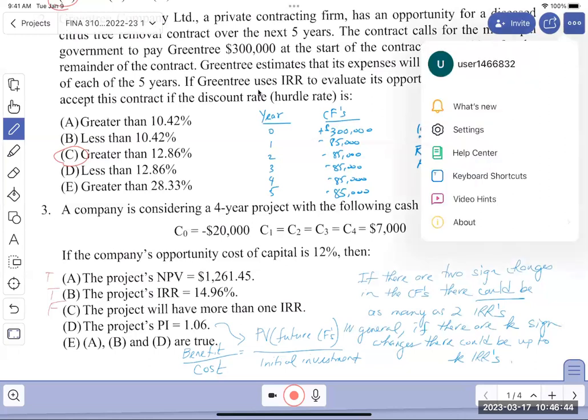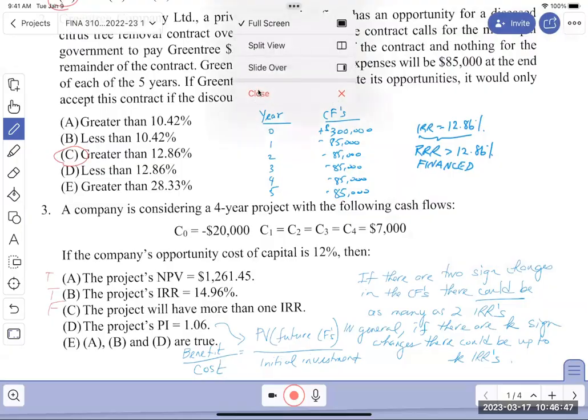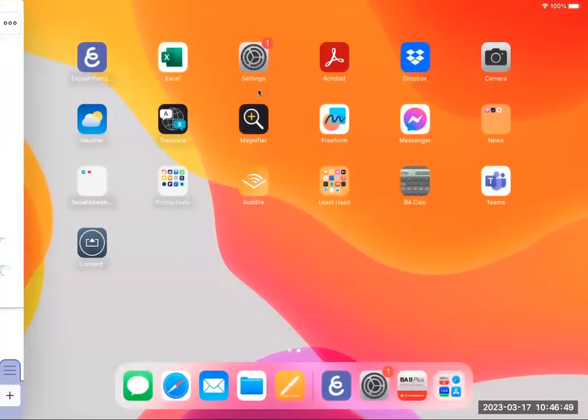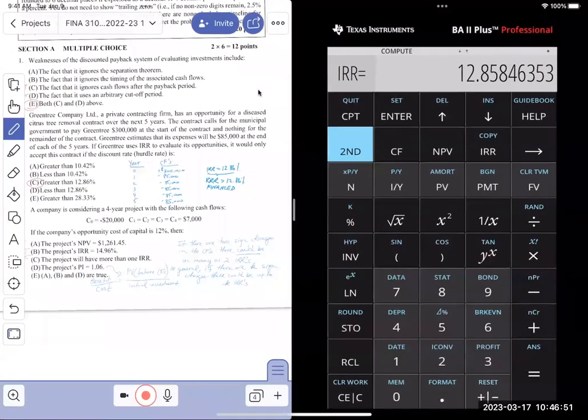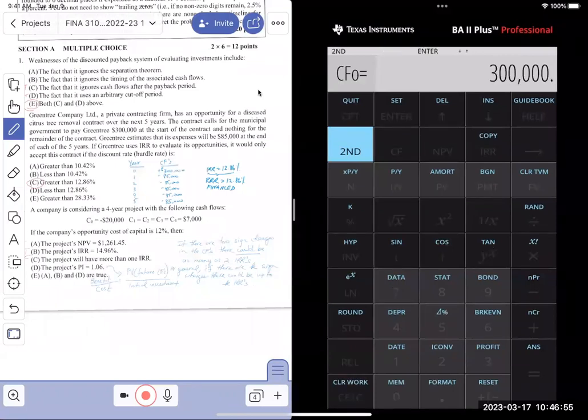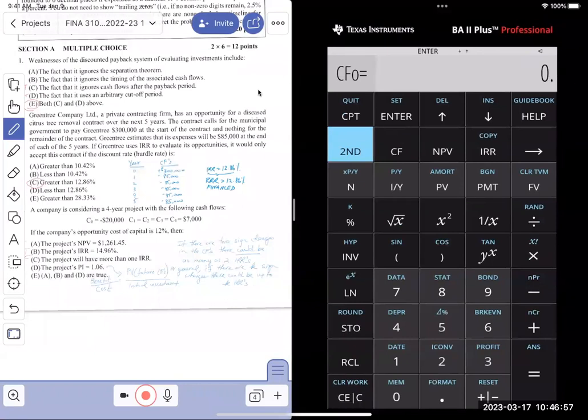Just do a split view. So what I'm saying is, it's clear work, and let's put 0 in first, and then 7,000. Sorry, this is 7,000. I'm thinking of the other problem, and you're going to enter that for 4, frequency of 4, and that's it.